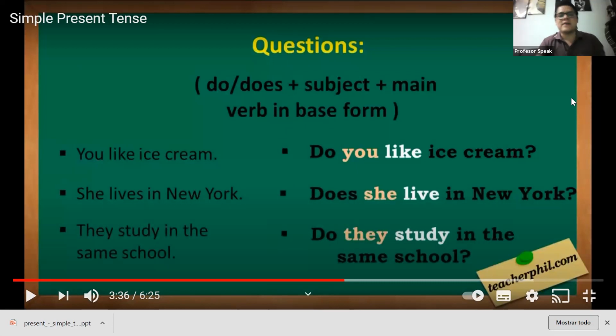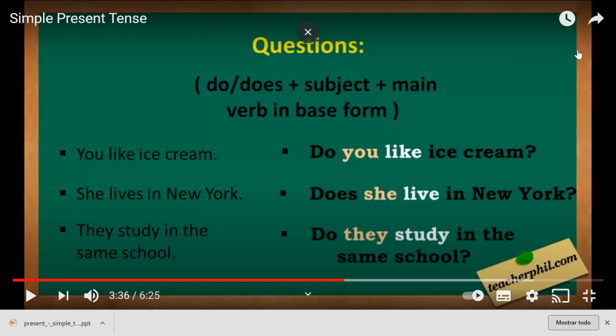Can you please give me the structure and read the examples? Okay. The structure for questions is do or does plus subject plus main verb in base form. The example: you like ice cream.